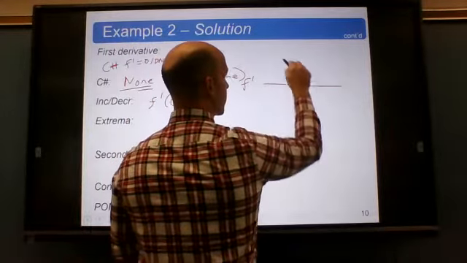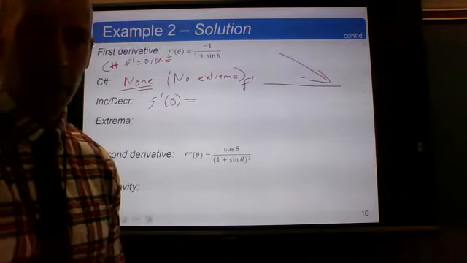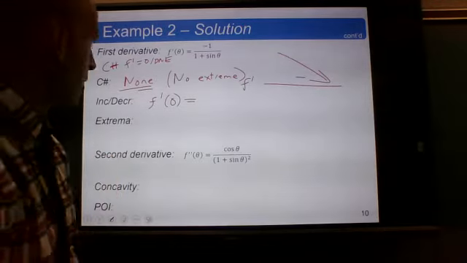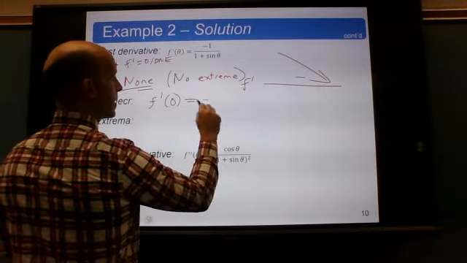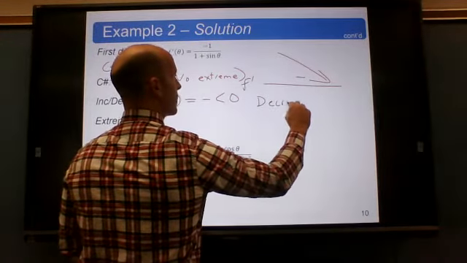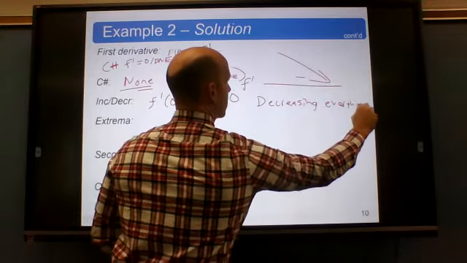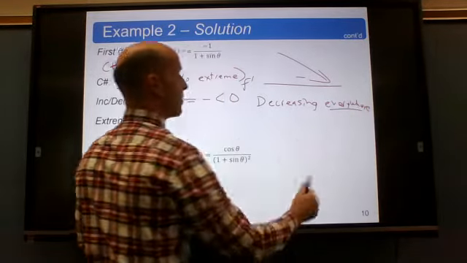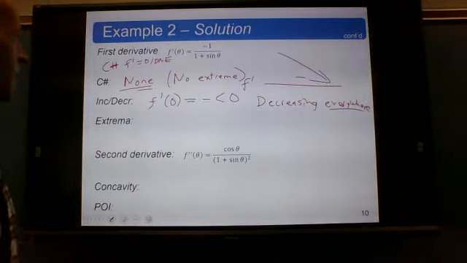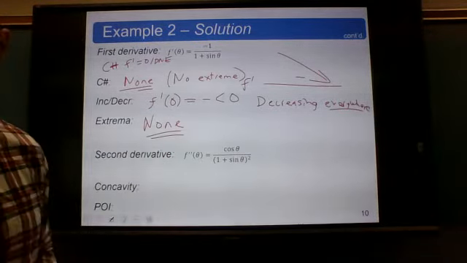And guess what that tells us? This function is decreasing everywhere. Every part of this function is going to be less than 0, so it's decreasing everywhere, or on all real numbers from negative infinity to infinity. Extrema, well, we can already answer that. There's none of those, because there are no critical numbers.